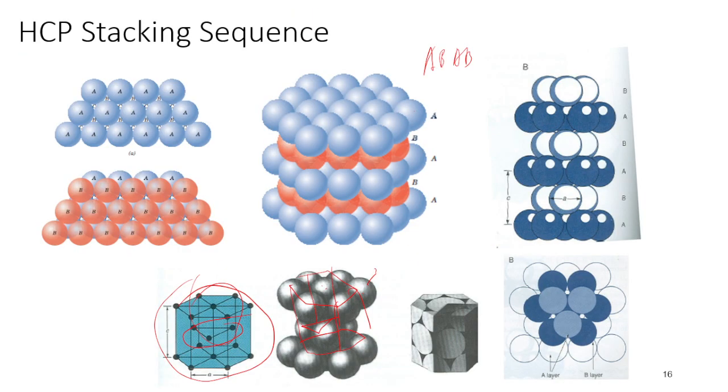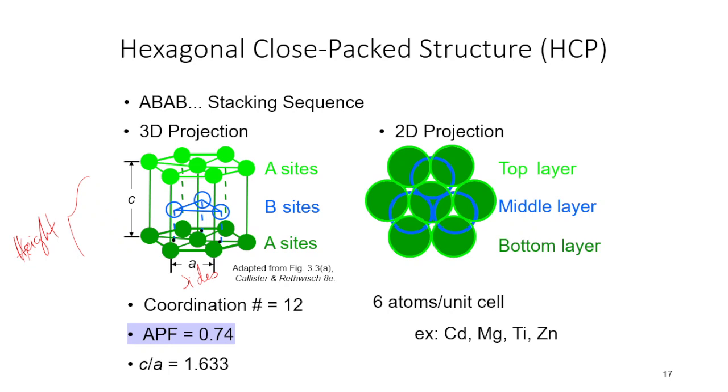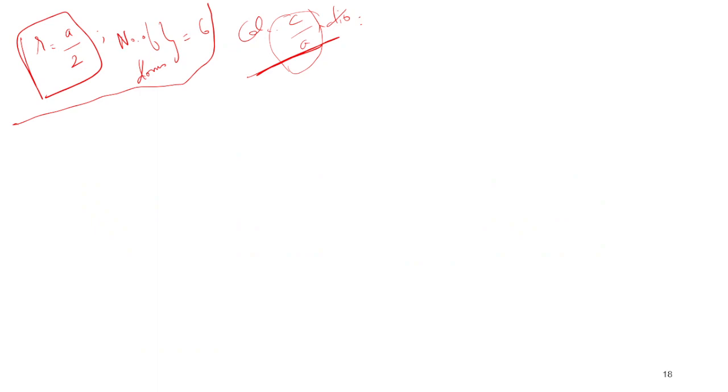And since we have a height, we have to find the relationship between this C and this A. For that, we'll do a rough drawing over here. 1, 2, 3, 4. We'll take the basal hexagonal plane, and we have a central atom.